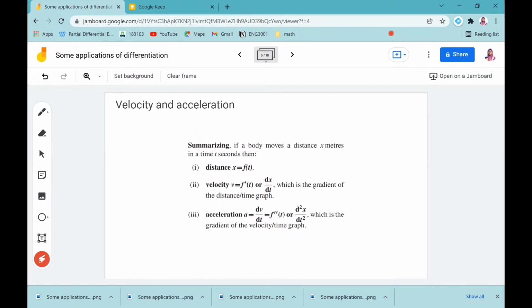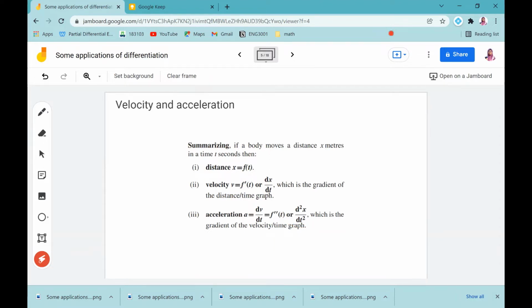We differentiate distance x over time. For acceleration a, equal to dv over dt, which is the change of velocity over time, we differentiate a second time, so we have a equal to d squared x over dt squared.